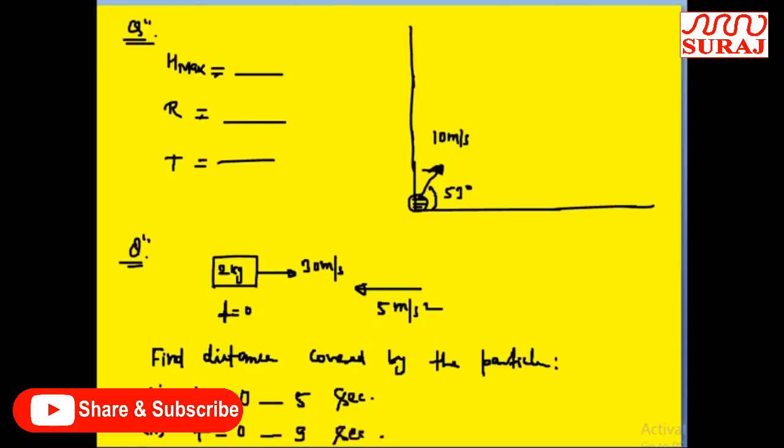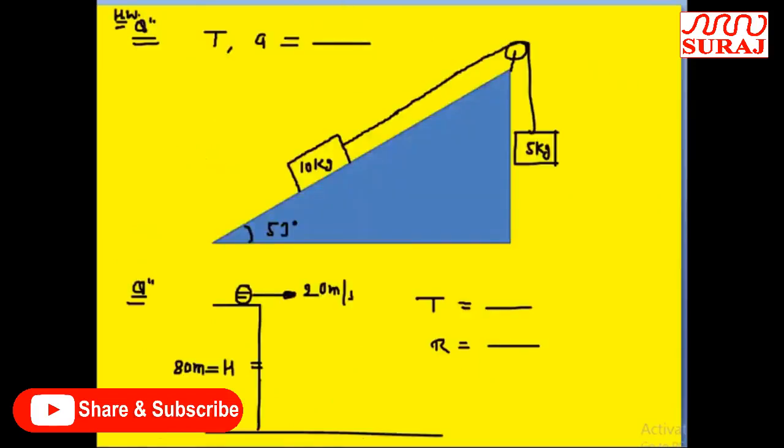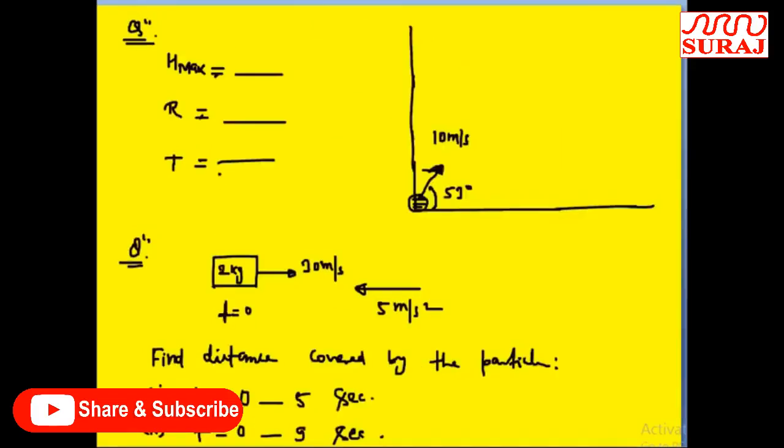You have to find the distance covered by the particle in first t equals to 0 to 5 second, and in second part from t equals to 0 to 9 second.